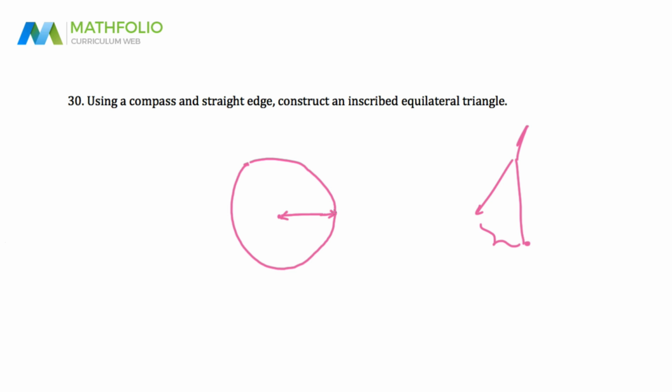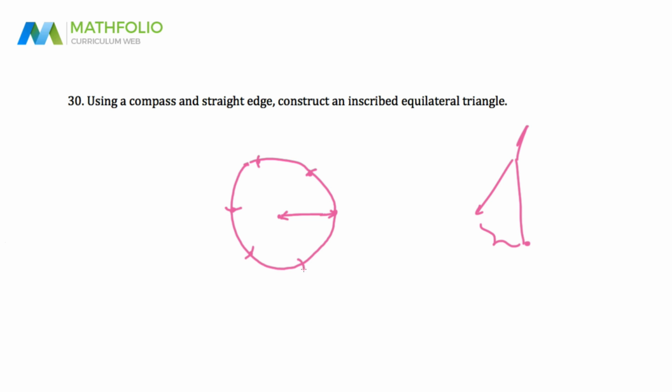So I'm going to put my compass point on the circumference of the circle and go around the circle making little arcs. The compass point goes on the arc that I've just made, and then I make another arc, then put the compass point on the arc, then make another arc.